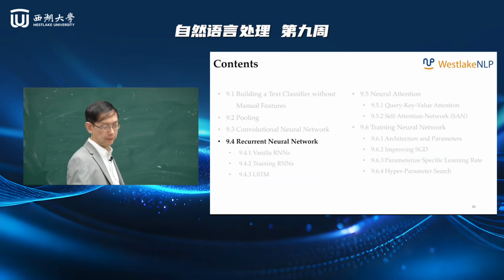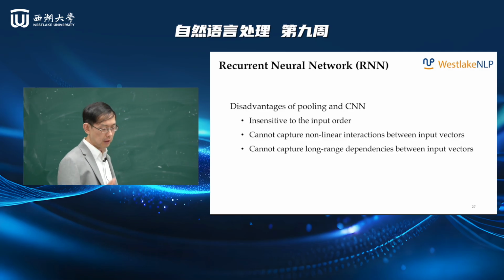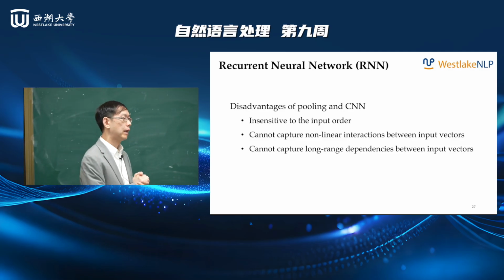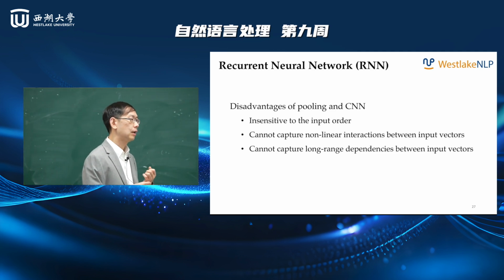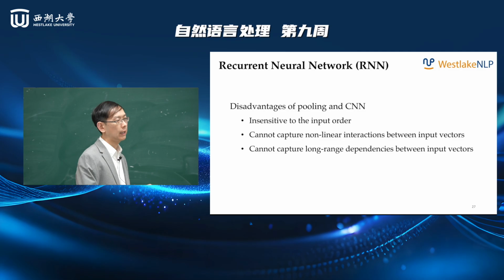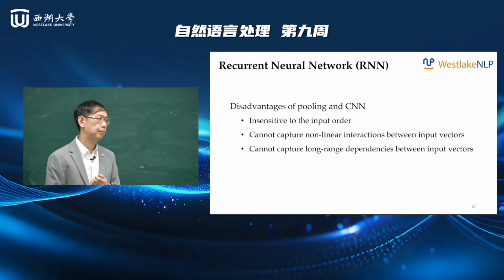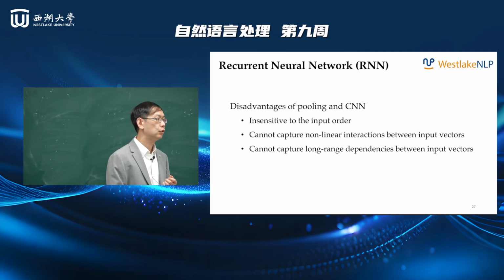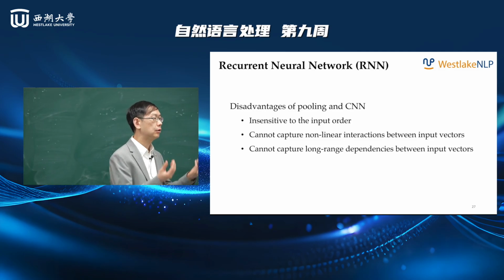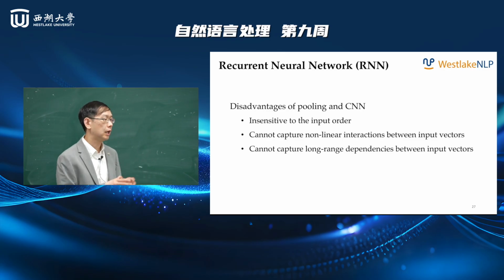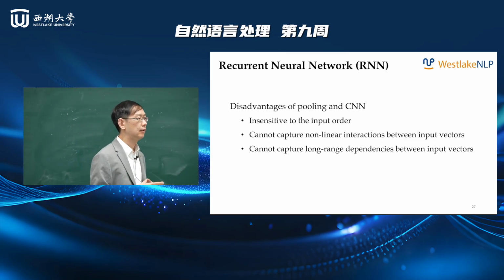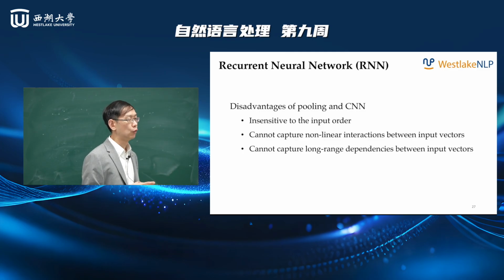So let's move on. The third one is called the recurrent neural network. CNN is better than pooling. We have n-grams now. And you can be clever. You say I can have a trigram CNN, a bigram CNN, and a unigram pooling, and I extract a lot of hidden vectors using all these heterogeneous neural networks, and I can concatenate them together for rich features.